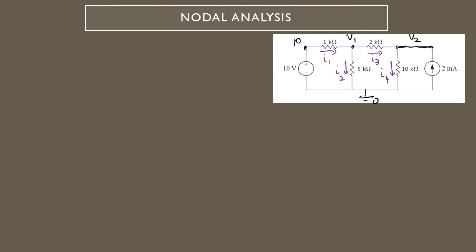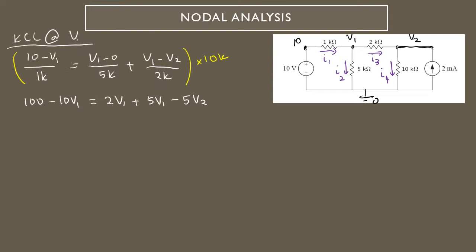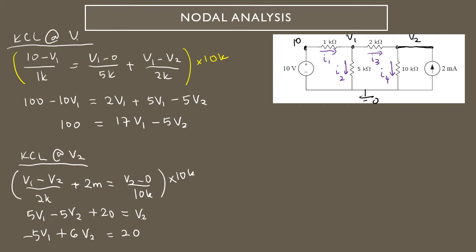There is a small correction on our previous calculation. The first equation was 17V1 minus 5V2, and the second equation will be this equation. So this one will be the first and this one the second.